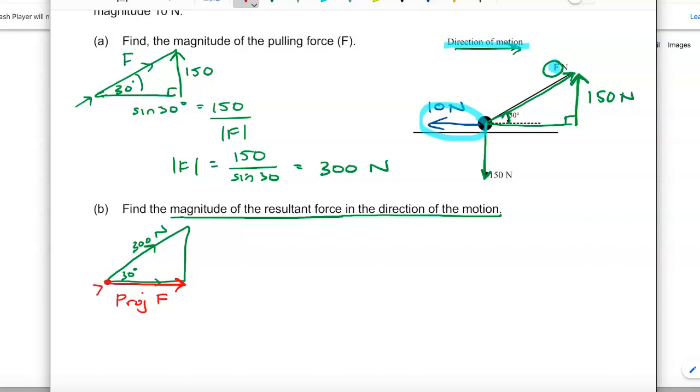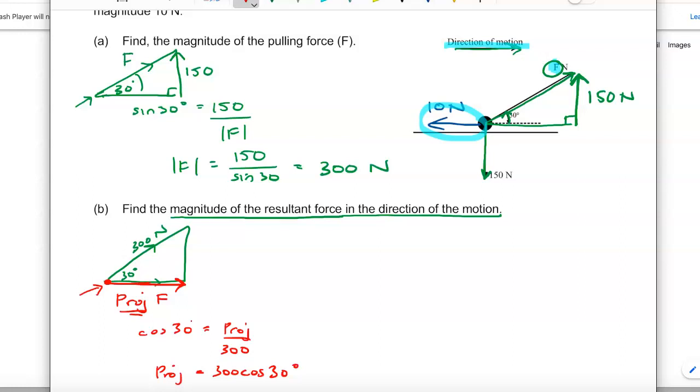Looking from the angle here, we can see that we want to find this projection using cosine, because the cos of 30 degrees is going to be the projection over the force. So the projection is actually worth 300 lots of cos of 30 degrees. That helps us because that's what the force is projecting on that object.